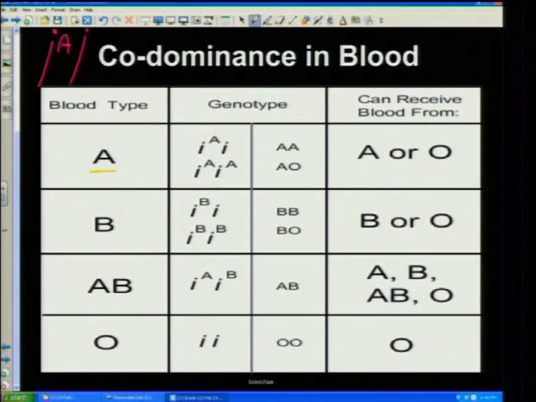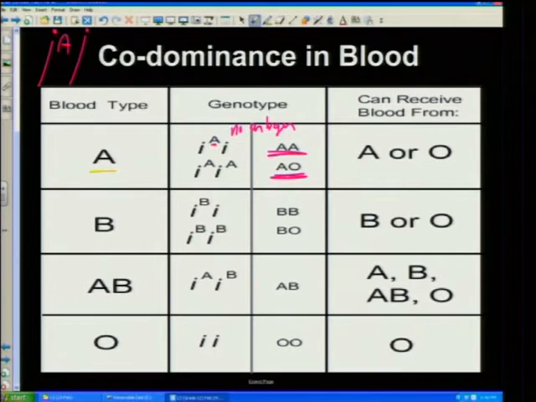What it's telling you is that's the chromosome, and on that chromosome pair you are going to have either A or nothing. In other words, there's no antigen here.